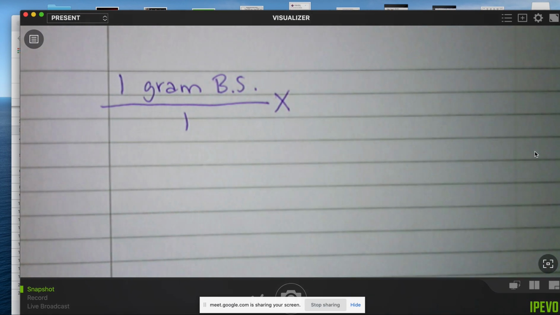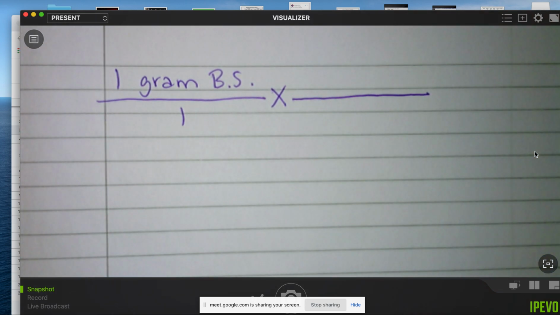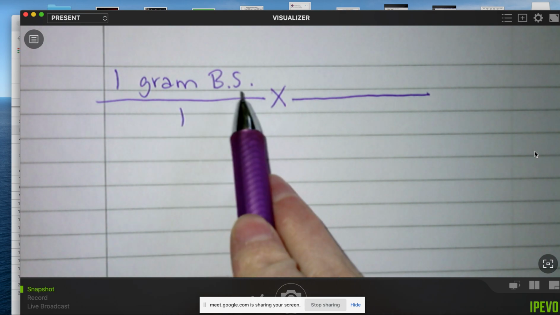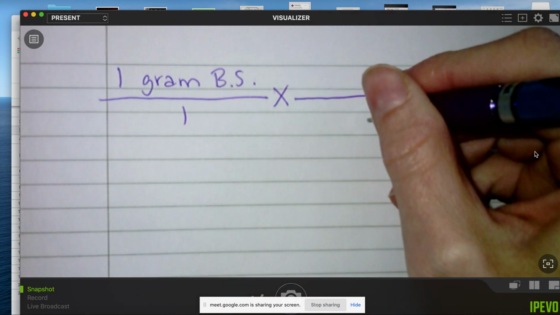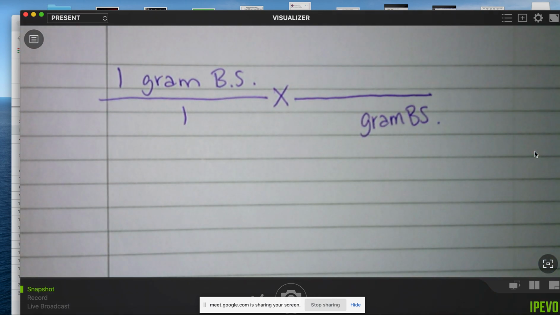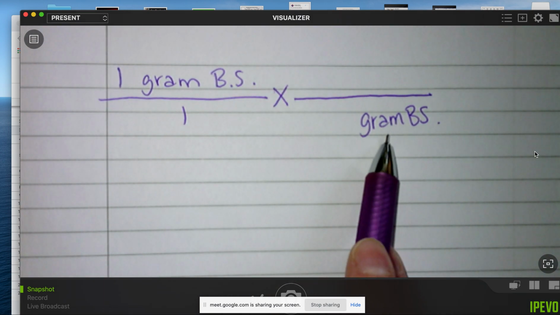You don't have to write out the whole compound; you can just use the BS abbreviation. Before I even look at my map, I know that because I have grams of baking soda here, I also have grams of baking soda down here, because these units are always the same.